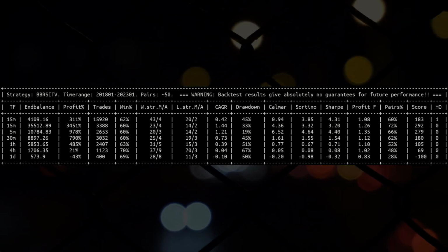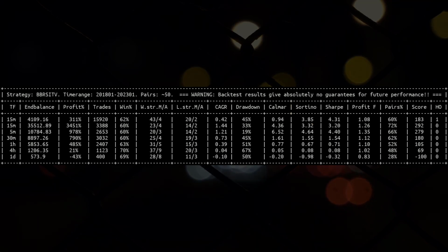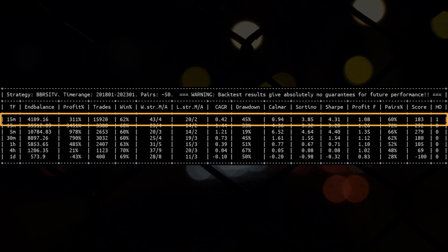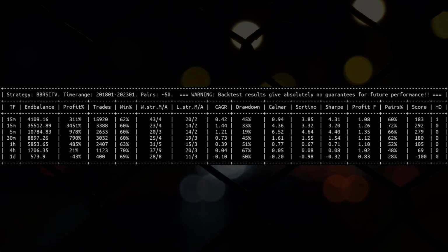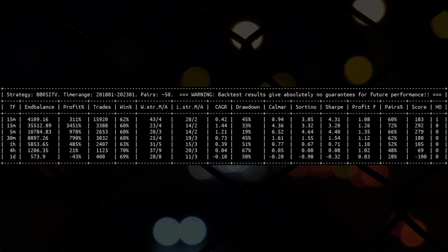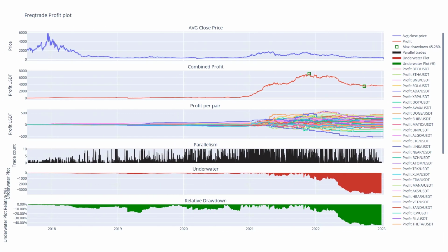The parameter optimization improved the Sortino and Sharpe ratio, just as asked, but unfortunately the overall performance of the algorithm gets worse. Profits dwindle and there are fewer pairs that perform well with the strategy, and the drawdown is also a maximum of 45% here. And if I get the profit chart here, this also doesn't look good in my opinion.